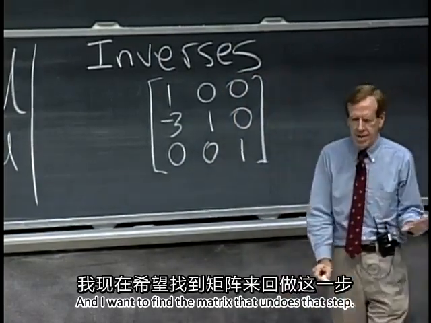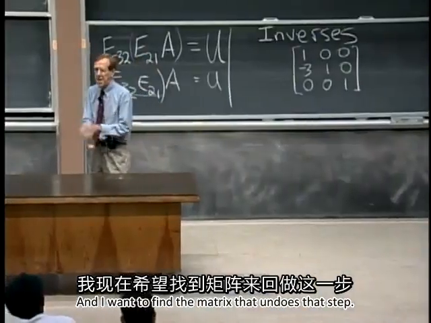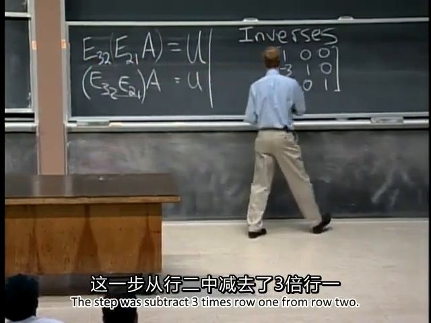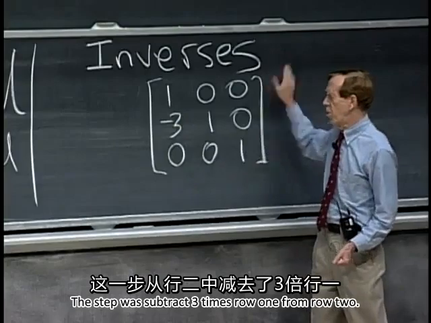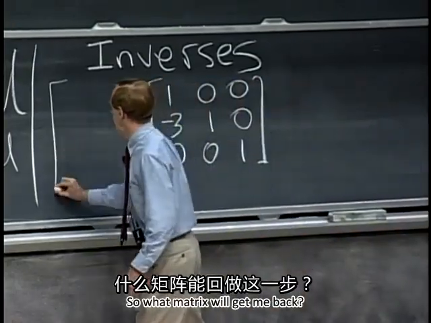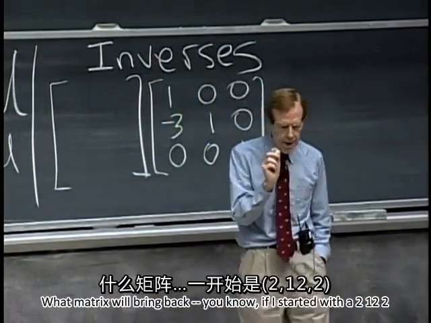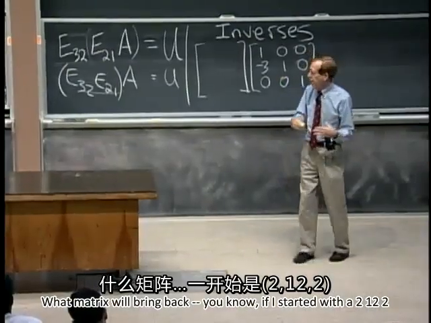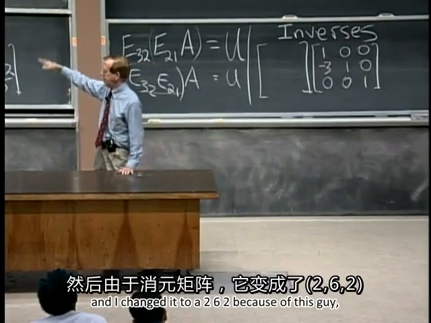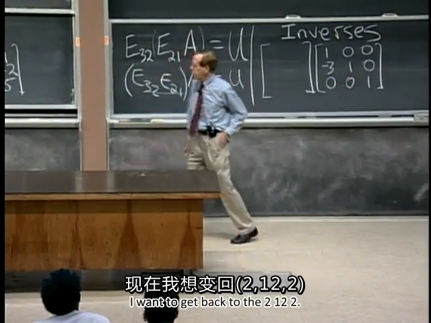And I want to find the matrix that undoes that step. So what was that step? The step was subtract 3 times row 1 from row 2. So what matrix will get me back? What matrix will bring back, you know, if I started with a 2, 12, 2 and it changed it to a 2, 6, 2 because of this guy, I want to get back to the 2, 12, 2.